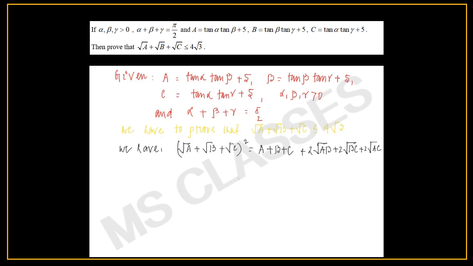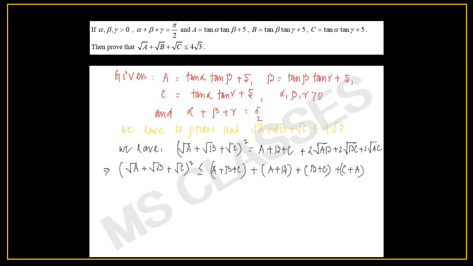Now from this we can say that (√A + √B + √C)² is less than or equal to A + B + C + (A + B) + (B + C) + (C + A).